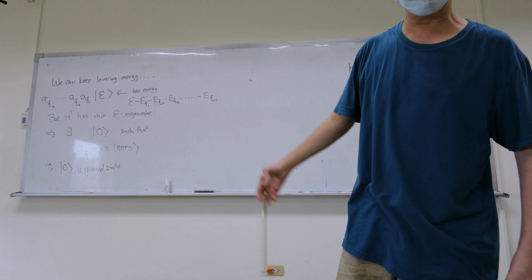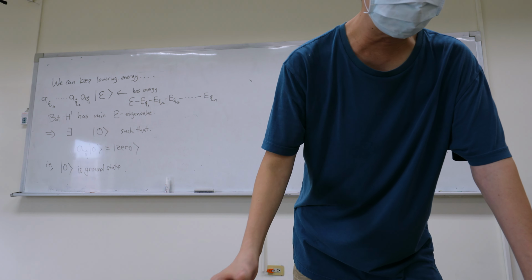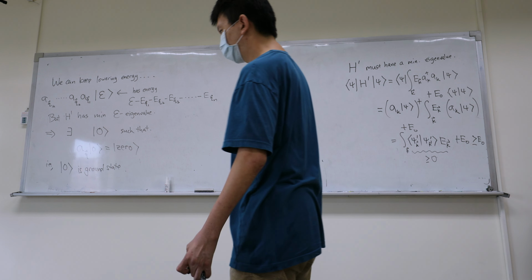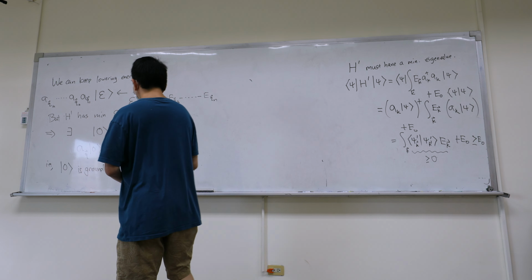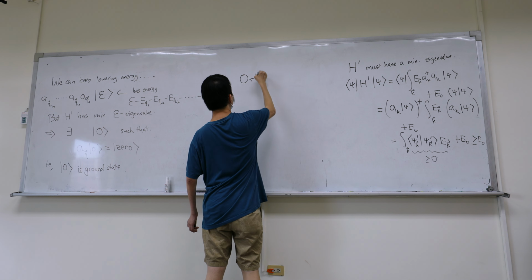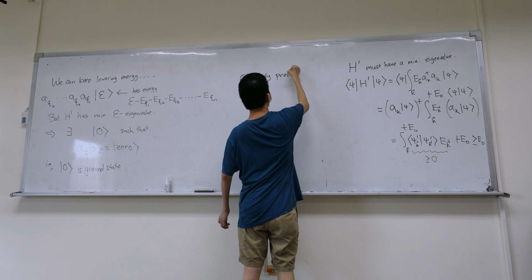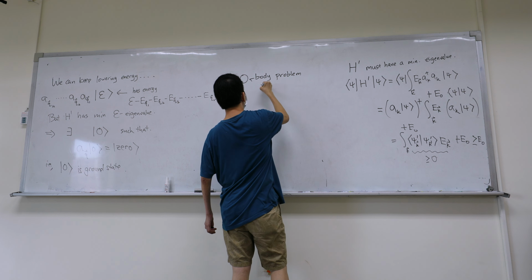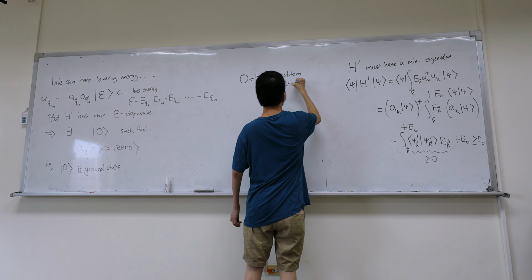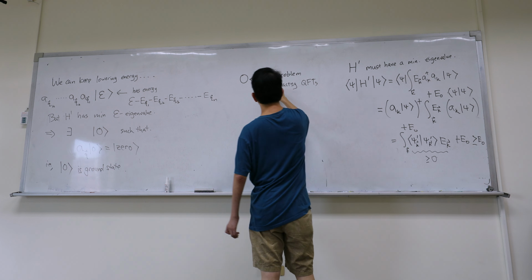We don't, for example, you can ask what's the ground state of the standard model. We don't have an exact answer to that. But you can calculate Feynman diagrams. So the zero-body problem in interacting quantum field theories is very tough.